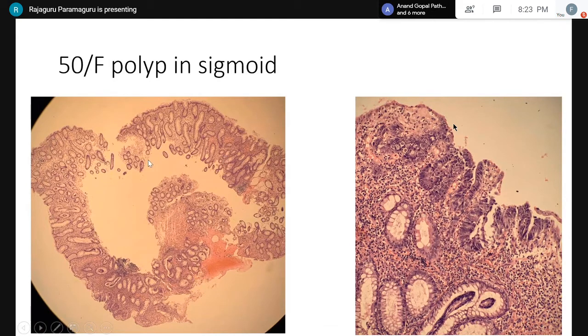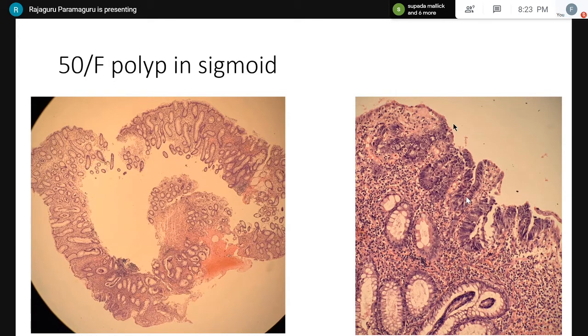Here it looked like normal colonic epithelium, with a big strip of epithelium, and right over here it looked like a diminutive polyp on lower magnification. But at higher magnification, this did look like an adenomatous change, but the nuclear morphology was a bit higher than expected for an adenomatous polyp.